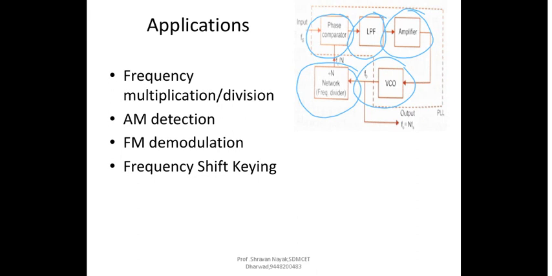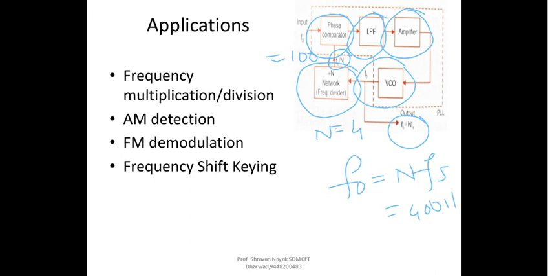Therefore, whatever we have here will be F naught divided by N. In this way, we get the output F naught is equal to N into Fs. If your Fs is say 100 hertz, and if your N is say 4, we will be able to get 400 hertz here. Like that you can have the frequency multiplication or division depending upon the value of N, which is the selection.